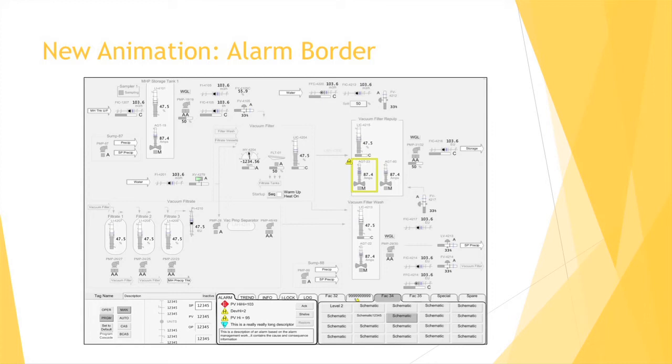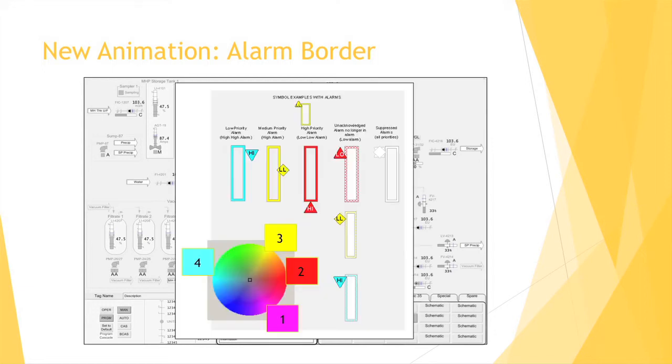Another animation in the graphic editor is the alarm border. Again, this is one of the high-performance HMI paradigms. You can certainly use it without implementing all the high-performance HMI theories, so to speak. It's a border around objects, not just rectangular, we're just showing rectangles here, but it'll go around whatever type of object you have.